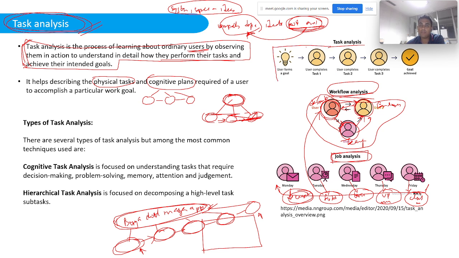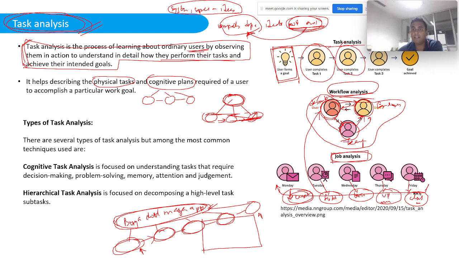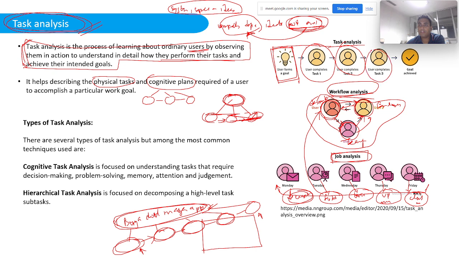In task analysis we have a fixed goal. The goal has a starting point and an end point. So that's why it has a definite set of tasks to be accomplished, and these are detailed. The difference is like this.